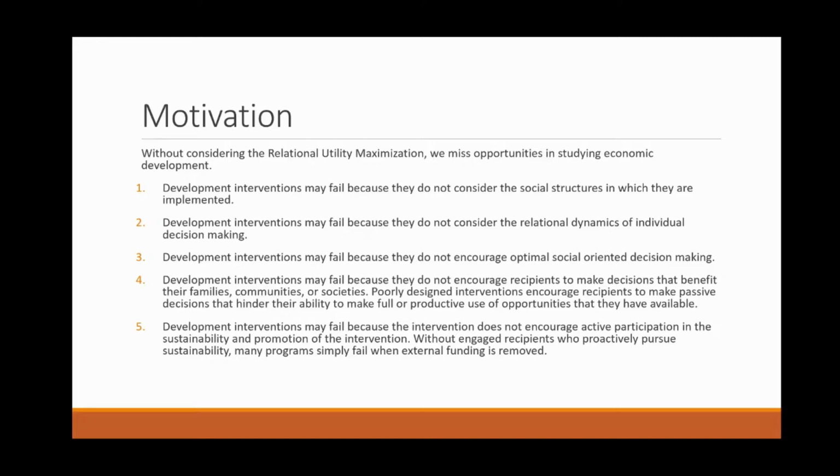Then the intervention might fail because the recipients are not motivated or incentivized to make decisions that would help promote the sustainability of the intervention. We're going to go into some more details in a minute, but these are the negative consequences that can arise if we don't think about the human person as the human person is. The human person is a social person, not a radical individual.